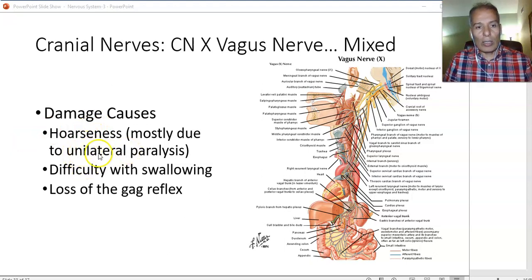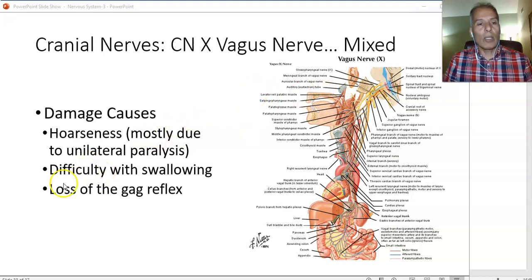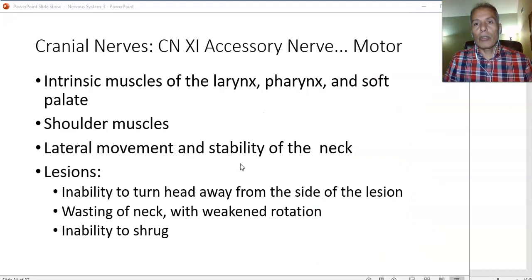So mostly that is unilateral, when someone has a stroke that can damage one side of the vocal fold, that gives them hoarseness. Difficulty with swallowing, loss of the gag reflex. So these are the major functions that are damaged as a result.